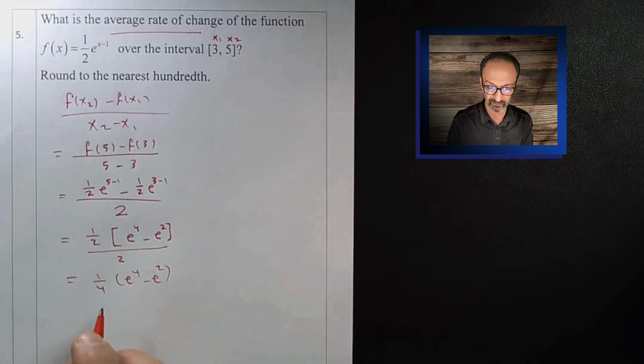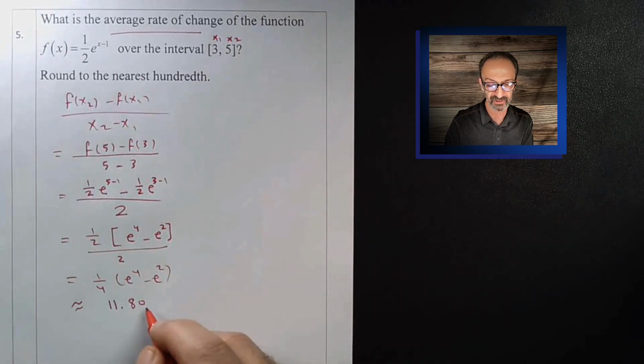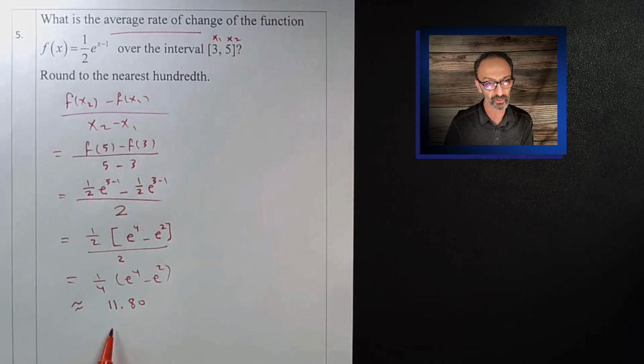That's one way to say it. Approximate to 11.80. Now we don't have distance and time here to add units to it, but overall, on average, the value of the function is increasing or moving up as rise over run. Every unit to the right, it's rising 11.80, and that should do it.